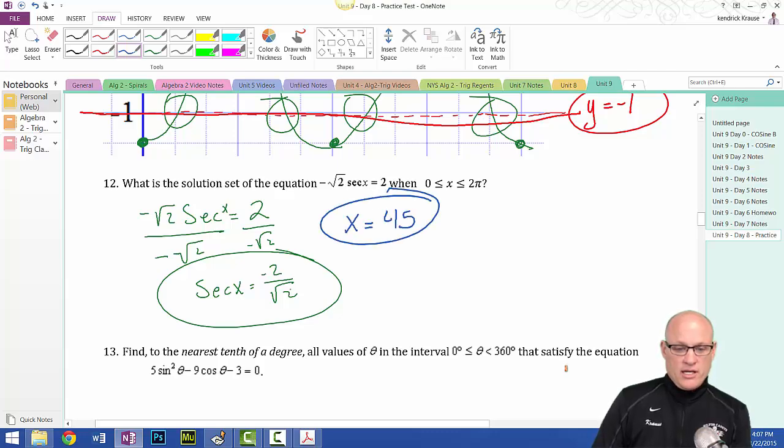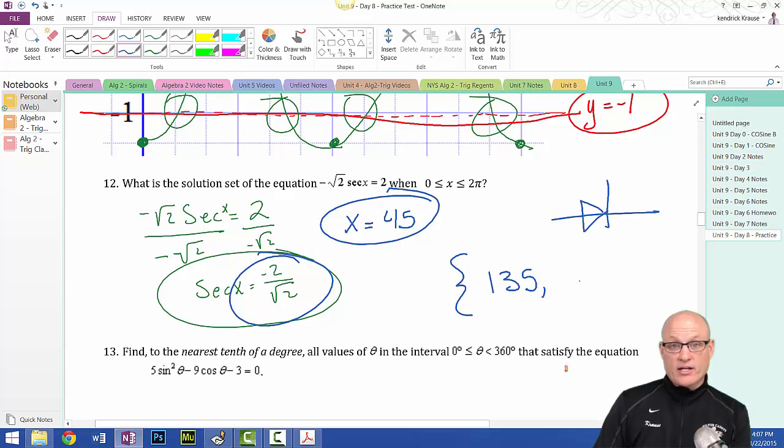Now, it's negative, so that puts us in quadrants 2 and 3. In quadrant 2, 180 minus 45 is 135, and in the third quadrant, it's 180 plus 45, which is 225 degrees.